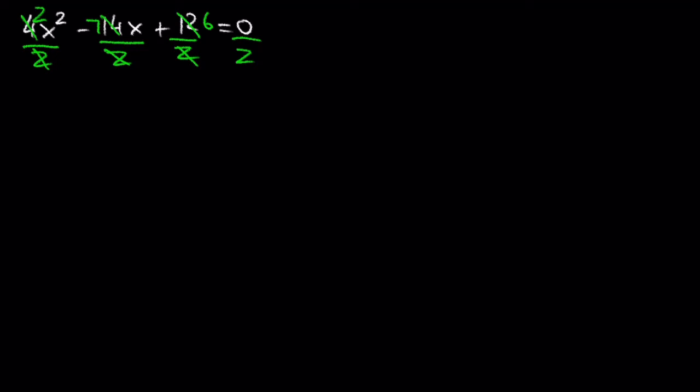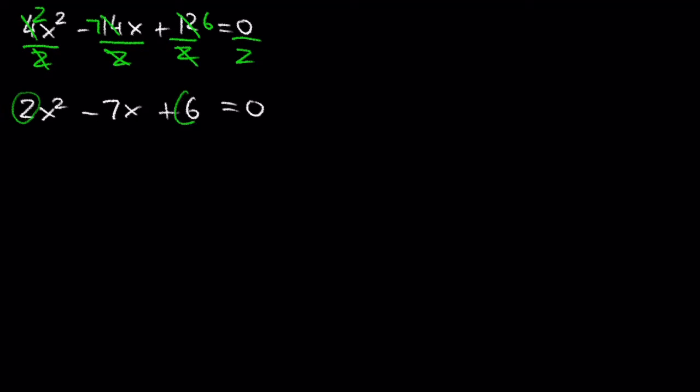So after dividing the whole equation by 2, we get 2x squared minus 7x plus 6 equals 0. Feel free to pause the video and try this example on your own.